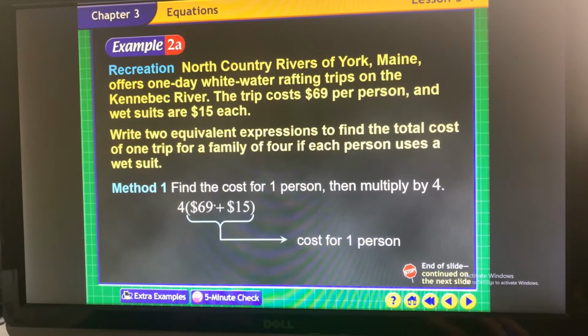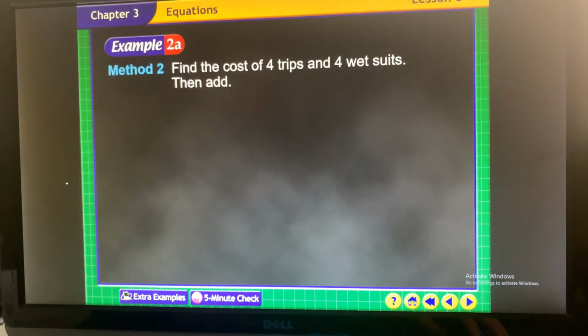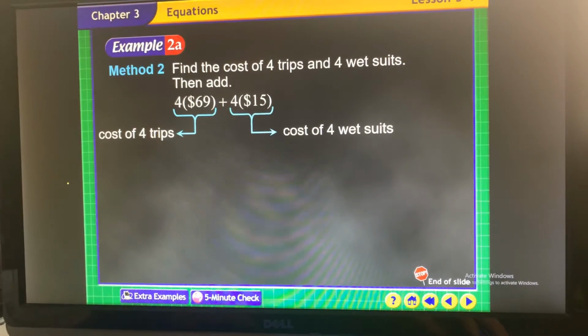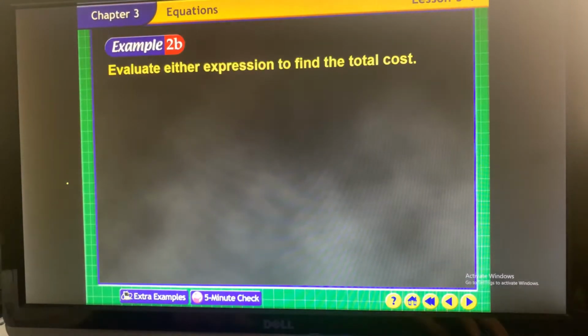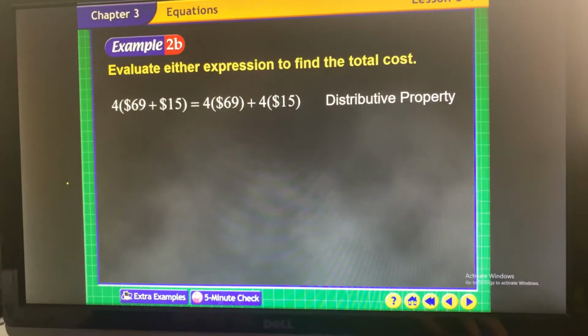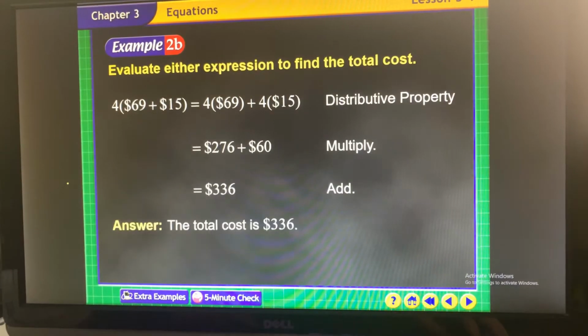It's $69 per person and $15 each. So this is what your numerical expression would look like. That was what it would look like when you distributed the 4 to the 69 and distribute the 4 to the 15. And then you'd have your total cost would be to actually evaluate.